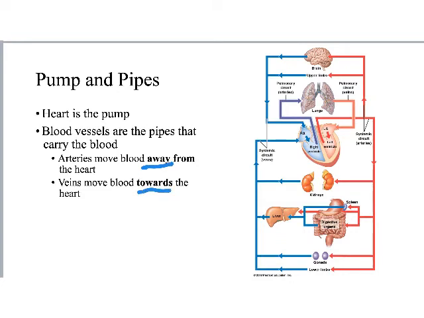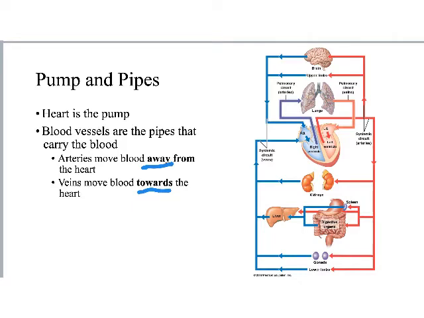The reason I give you this definition is because a lot of times we think that arteries carry oxygenated blood and veins carry deoxygenated blood. And that's true almost all the time, but there is an exception, and that's when we get to the pulmonary vasculature. So we'll see that a better definition of artery and vein is whether the blood is flowing towards the heart or away from the heart.